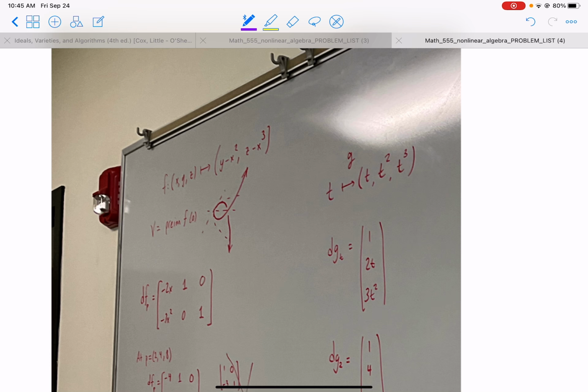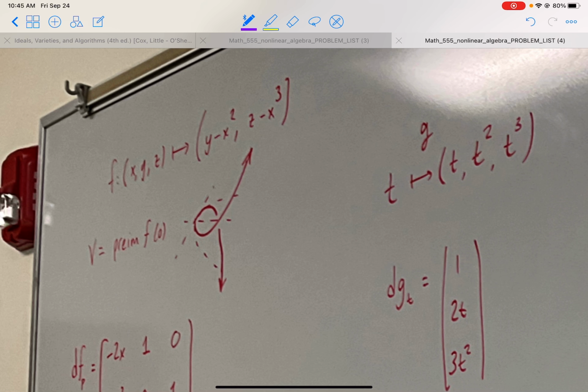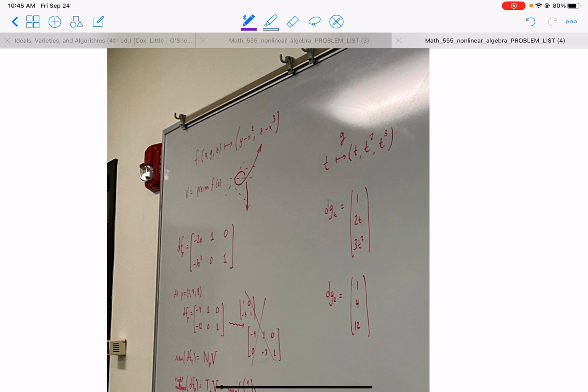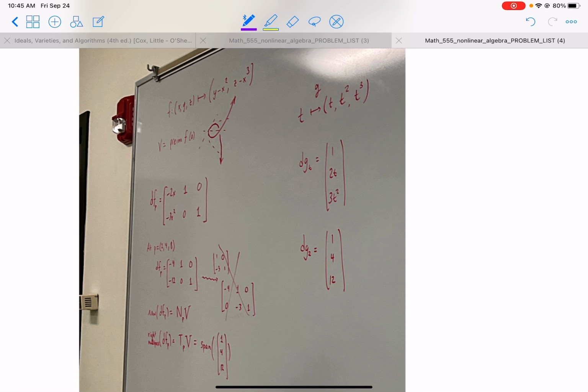So I guess I'll start by discussing what I did. I didn't finish the whole thing, but here's the parametrization. For the parametrization, the image of the derivative is the tangent space. That's sort of the easier one intuitively for me.